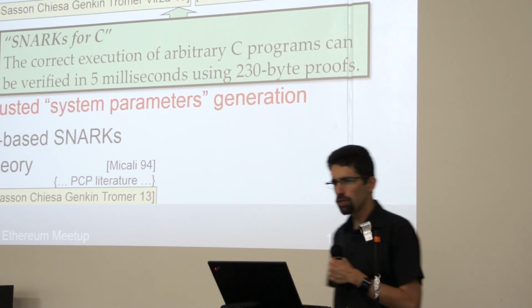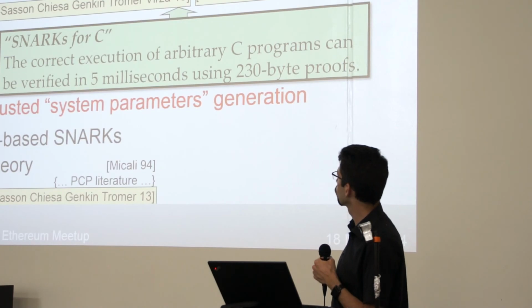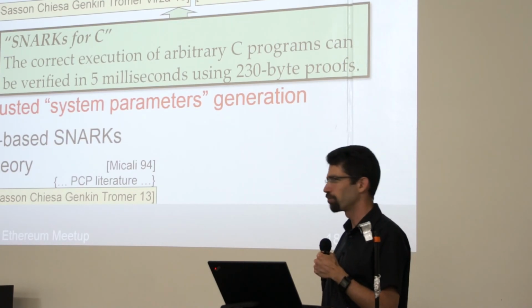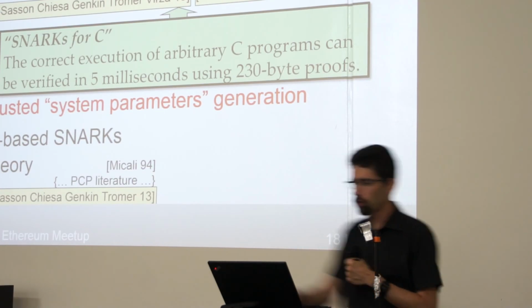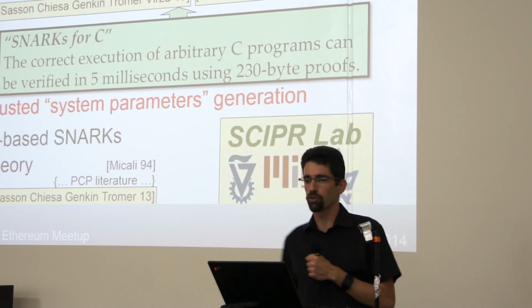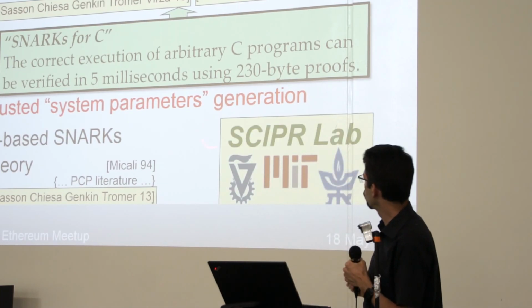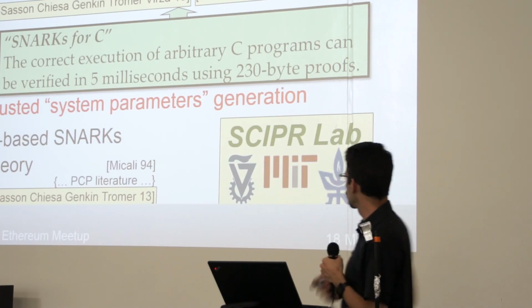Now, you may notice that several of these papers have author names that are familiar from the first slide. And that's not a coincidence. In fact, we have a large project called SCIPR Lab, for Succinct Computational Integrity and Privacy Research, a collaboration of Technion, MIT, and Tel Aviv University.